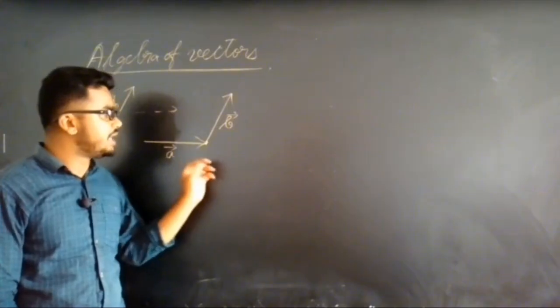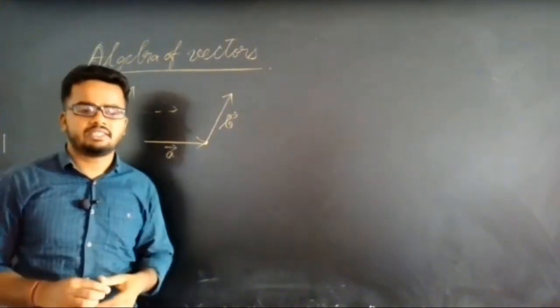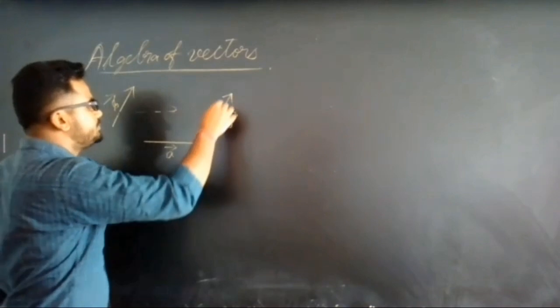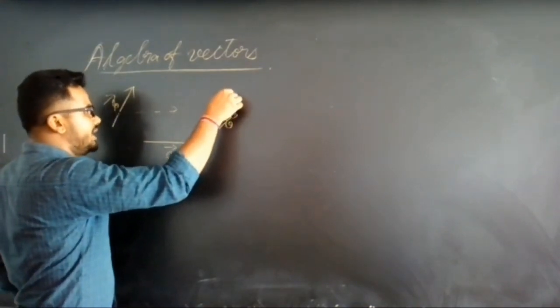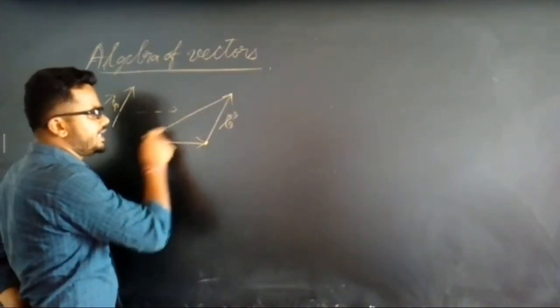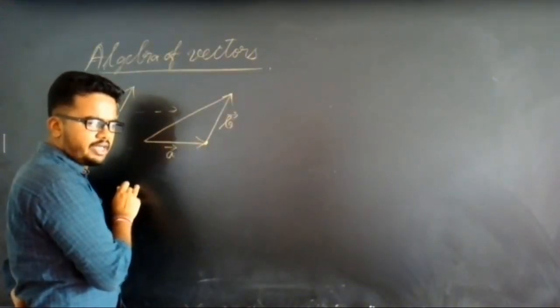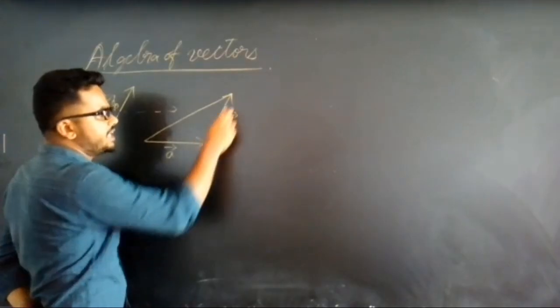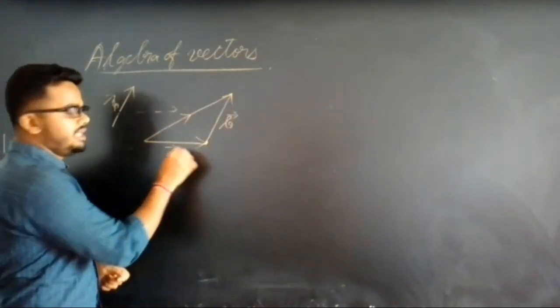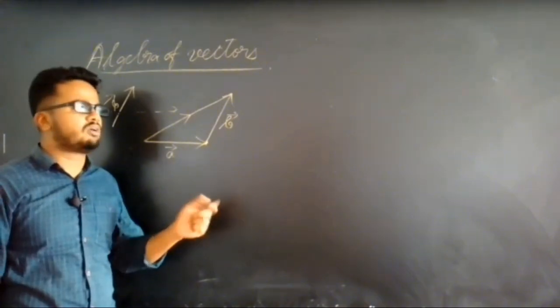Now what is the resultant vector? Resultant vector will be like this. It will be in the direction opposite to the direction of this. This type of addition of the vector, we have got two types.